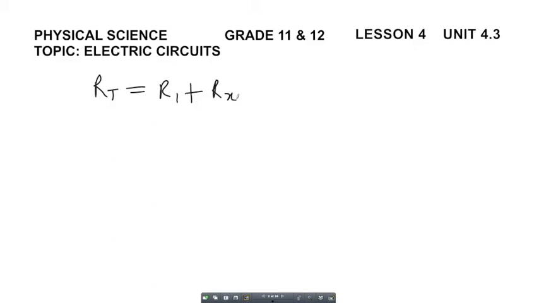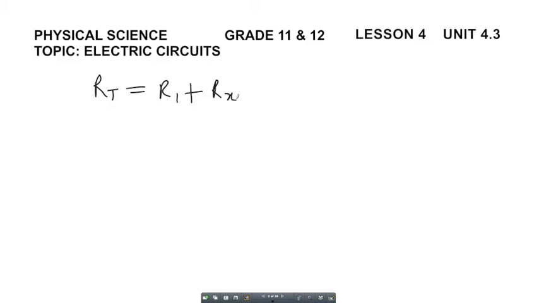So this is going to represent our total resistance. If we have values to substitute into the equations I indicated earlier, the total resistance for the entire circuit is going to be R1 plus Rx.